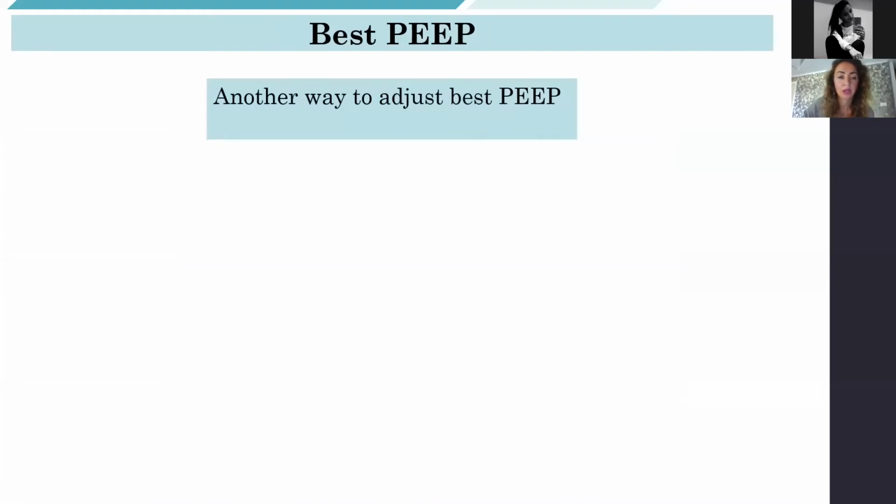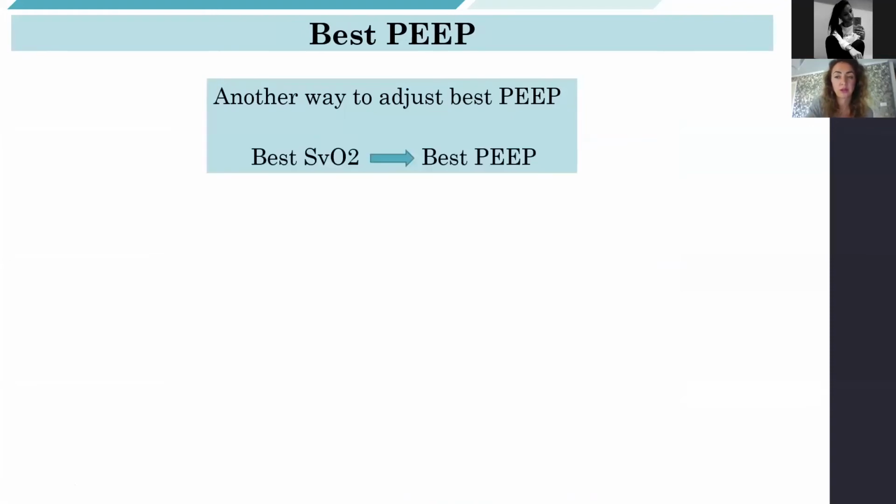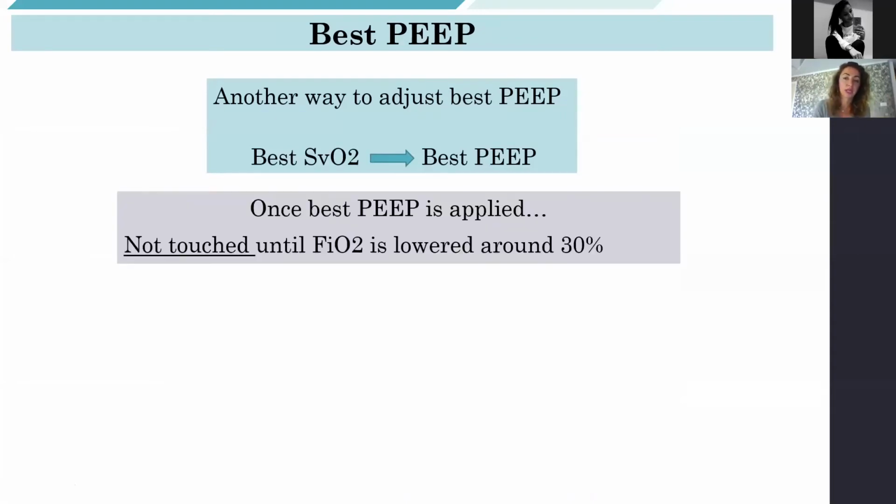Another way to adjust the best PEEP is with a central venous catheter and the continuous measurement of mixed venous oxygen saturation. The highest oxygen saturation will be considered the best PEEP for the patient. The patient must breathe on his own and he must be able to control his PCO2 if we want to wean him from the ventilation.